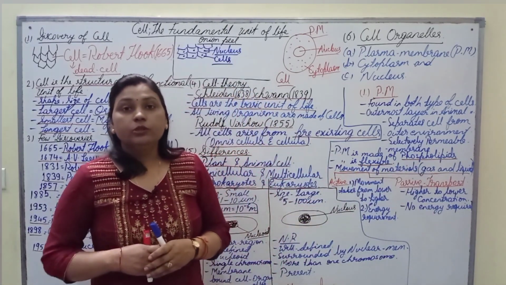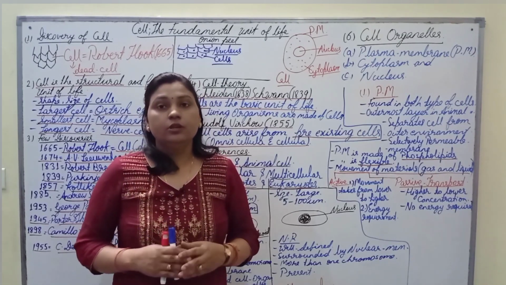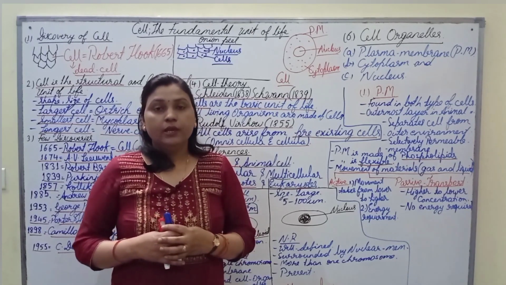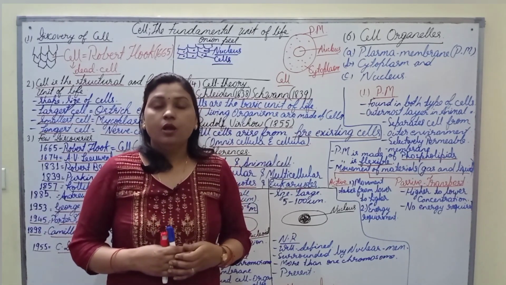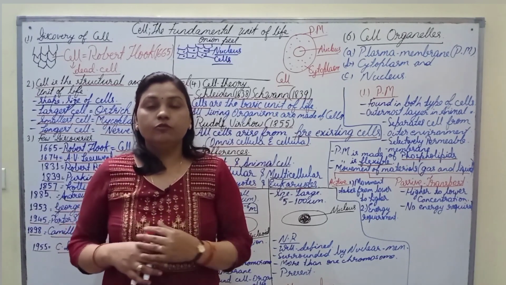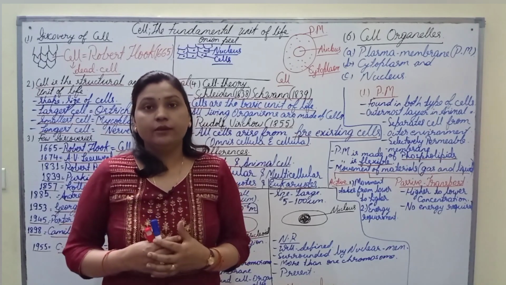Now let us talk about the function of the plasma membrane. It performs basically two functions. First, it works as a mechanical barrier, that means it protects from outer unfavorable conditions. The second main function is that it helps in the movement of materials across the cell.